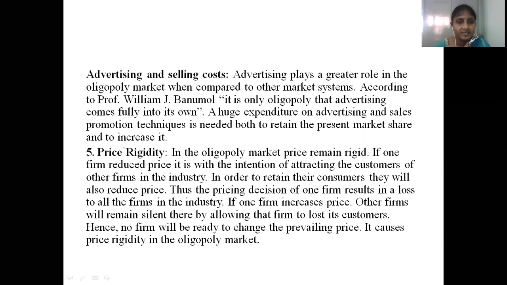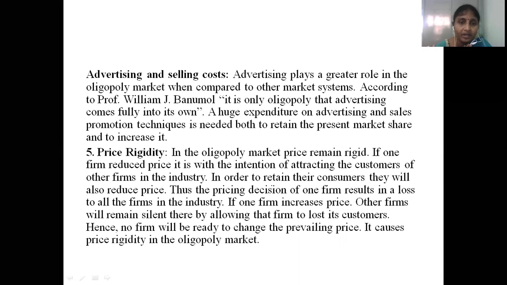Next, price rigidity. This is very important. In oligopoly, the market price remains rigid. If one firm reduces the price, it is with the intention of attracting customers.